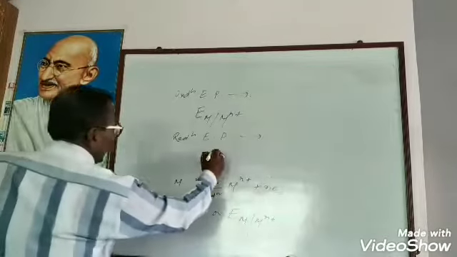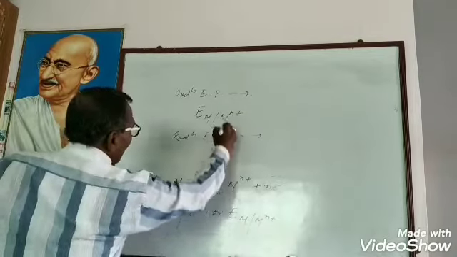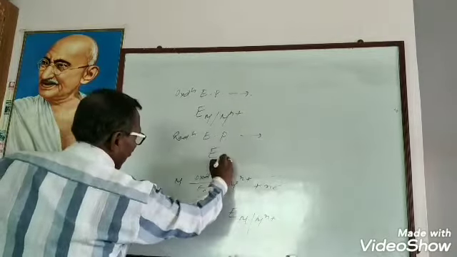Clearly, it is indicated by Mn+ interface with M, or in contact with M. Here, when Mn+ gains electrons, it is converted into M. Now, these two electrode potentials, when connected, form an electrochemical cell.